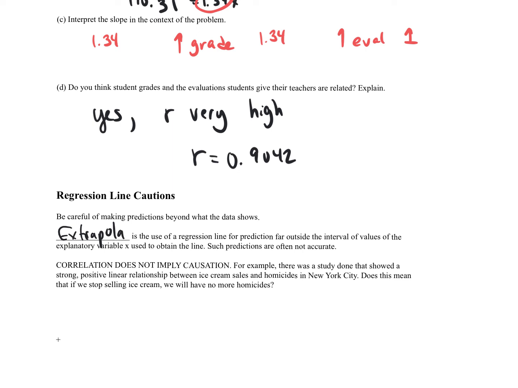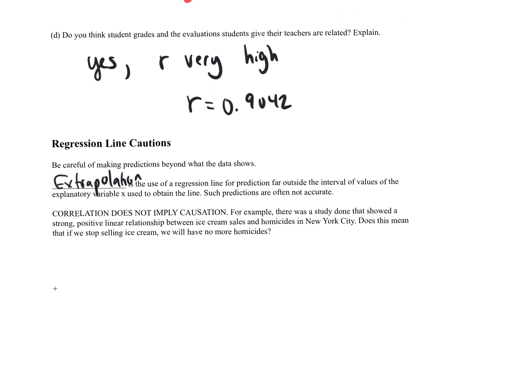Now, extrapolation just means that's basically when you're using a regression line to predict something that's way outside the timeline, right? So if I do something with, say, a price of food or price of gas or price of something, right? Well, if I have a bunch of information from 1950 to 2000, that's fine, and I make my regression line.